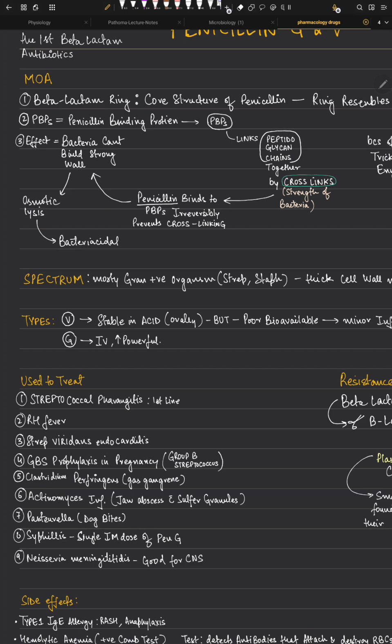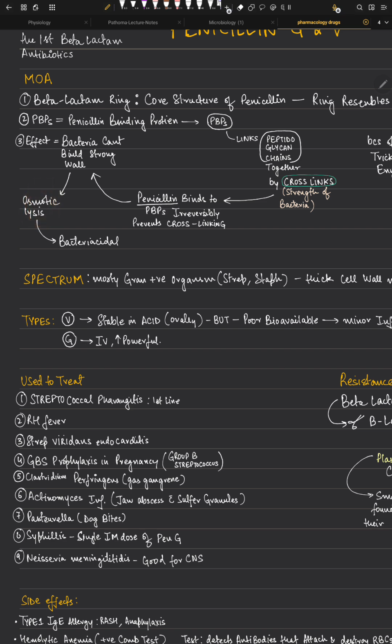But when the cell bursts, this is irreversible, because now the contents of the inside of the bacteria are outside, and it cannot go back to normal. So osmotic lysis happens, and this is exactly what osmotic lysis is, because the pressure inside the bacterial cell is so much that the bacteria bursts.